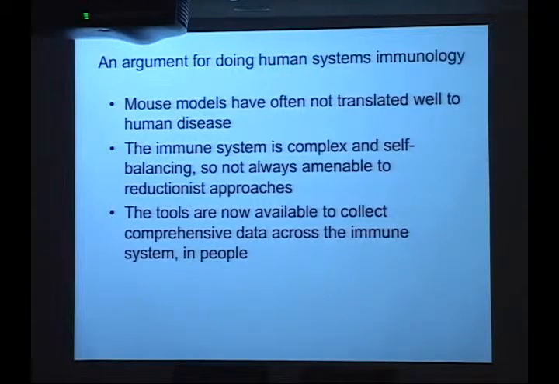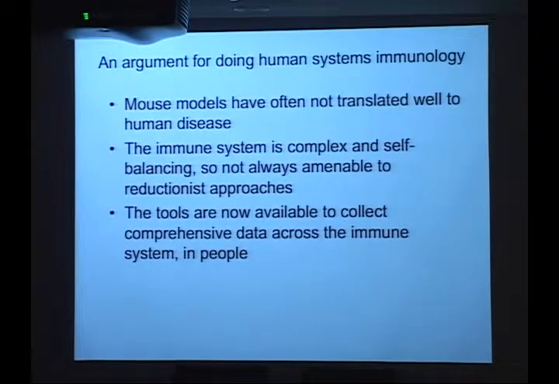So why human systems immunology? Well, much of this has been articulated particularly by Mark Davis, and so you may have heard these kinds of arguments before, but just to quickly summarize, we know that in immunology there are a lot of gaps between what mouse models have taught us and what has worked well in terms of human therapies. And we also know, and are appreciating more and more, that the immune system is really a complex and self-balancing kind of system.